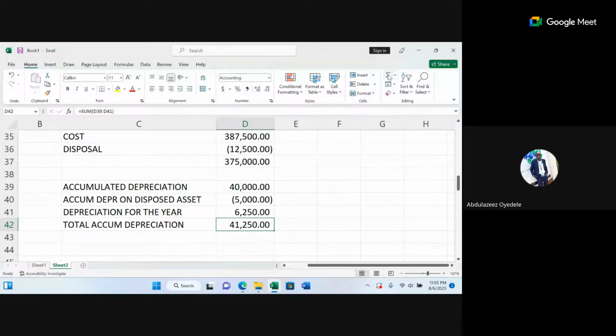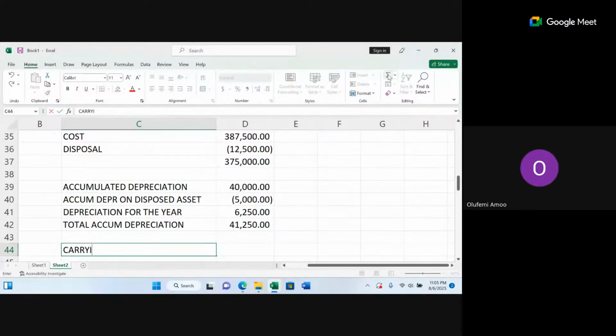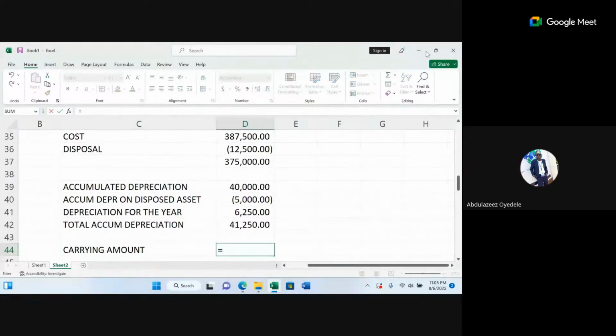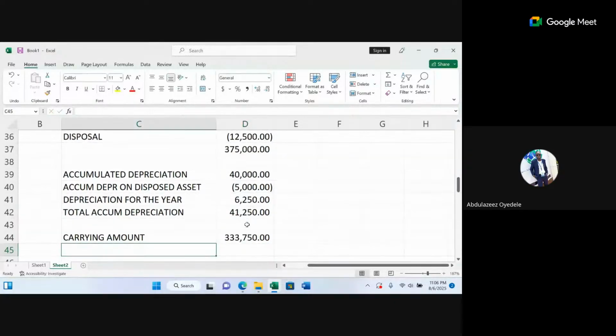All right, so our net book value or carrying amount, as we want to call it, for land and building, will now be equal to the cost of land and building minus the accumulated depreciation, and this will now give us 333,750.